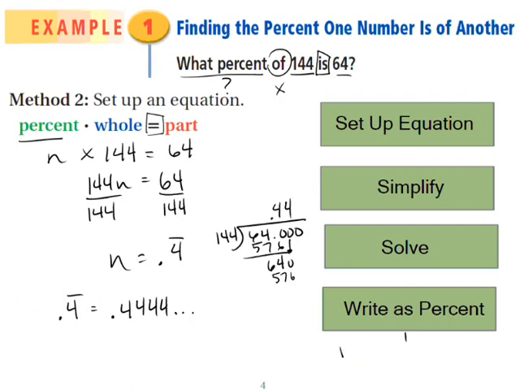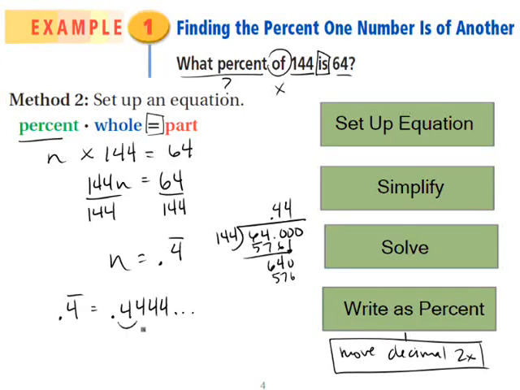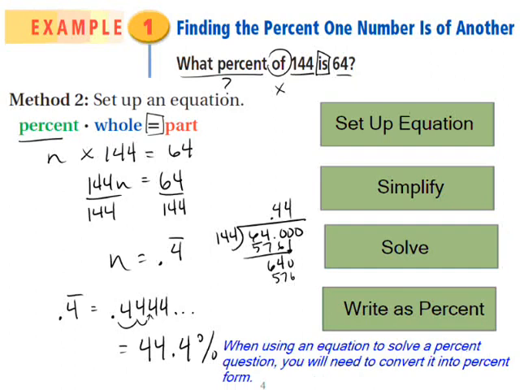When you convert a decimal expression into a percentage, you move the decimal to the right 2 places. Which puts it here, making it 44.4%, and you can indicate that the 4 does repeat. It's just like the answer we got in the first version of the example.